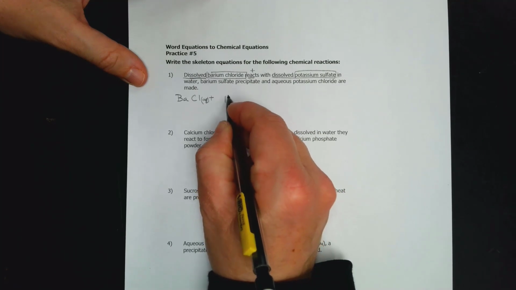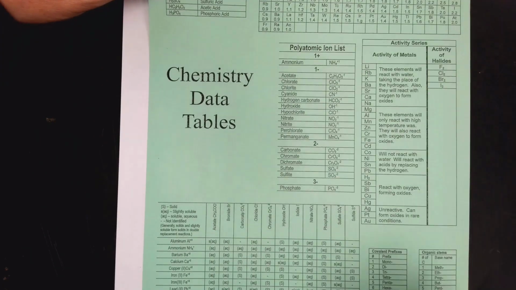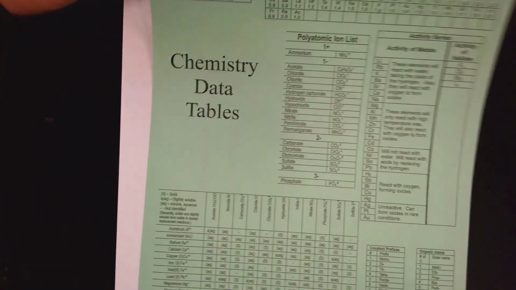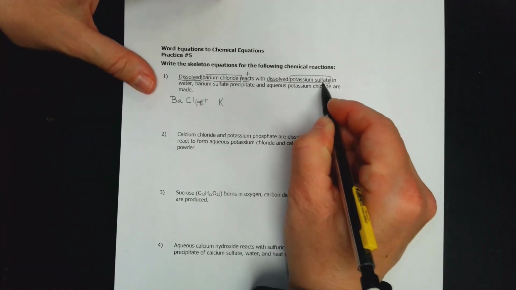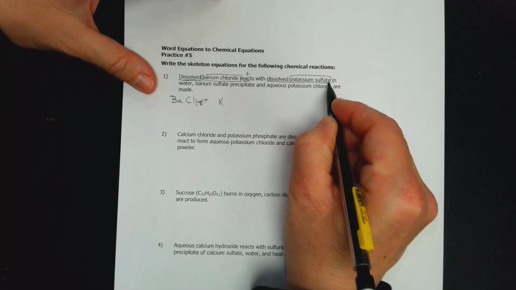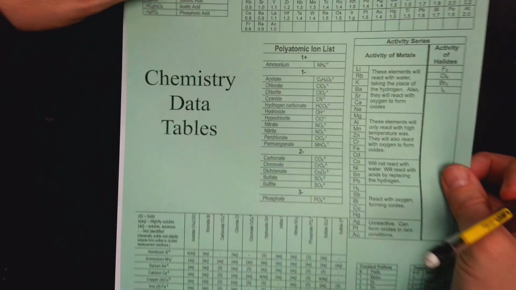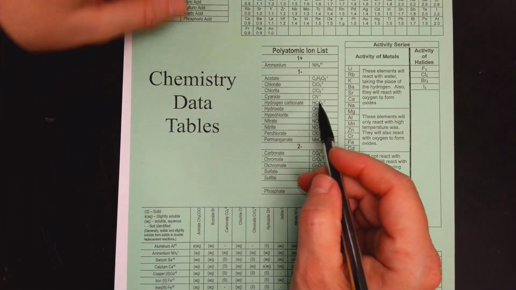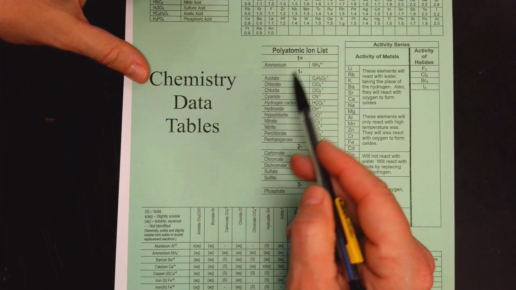Now, potassium is the letter K on the periodic table, and you have a periodic table with all kinds of information on it. One thing you have to remember is when we say potassium sulfate, you have to look for that suffix, ATE, because that suffix is a clue that sulfate is one of our polyatomic ions, and it's on our polyatomic ion list.